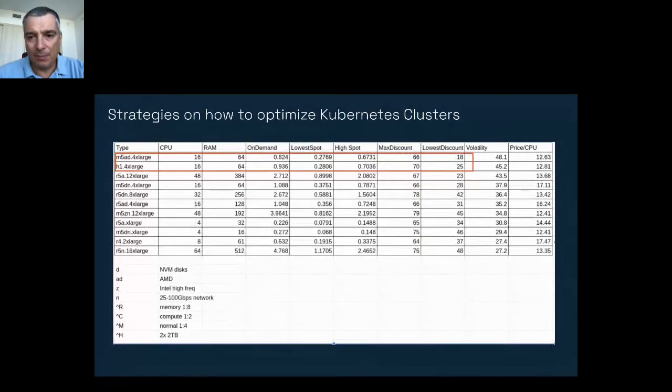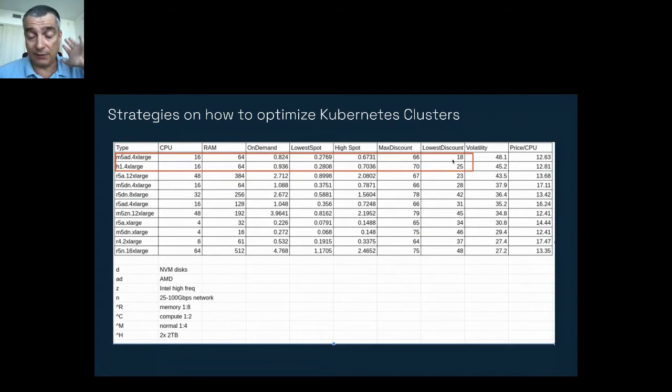So here's an example. It's actually a study that we did a few days ago. I think it was US East Virginia, also on AWS. We looked at the minimum and the maximum discount of spot instances within the availability zones of US East Virginia on AWS. And we see that for the same instance, let's say this M5 8xlarge, which is 64 gig of RAM, some availability zones have a 66% discount, but others have only 18.